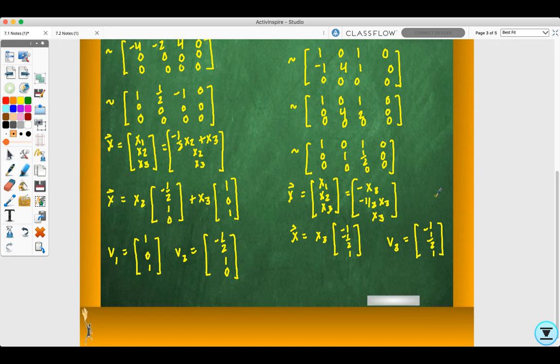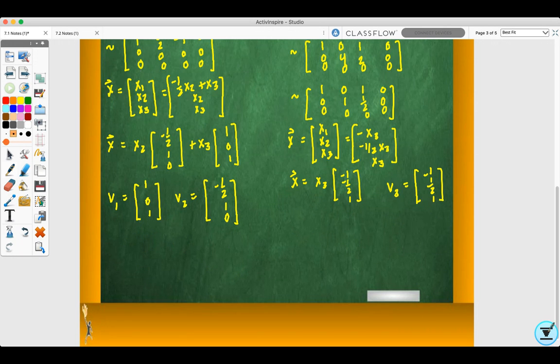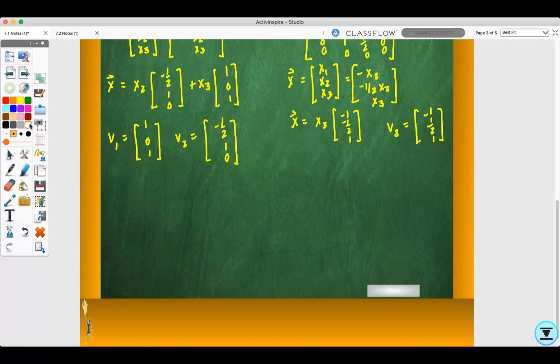So V1 and V2 are linearly independent but not orthogonal. So that's one thing that we know. Some notes that you might want to write down: V1 and V2 are linearly independent but not orthogonal.